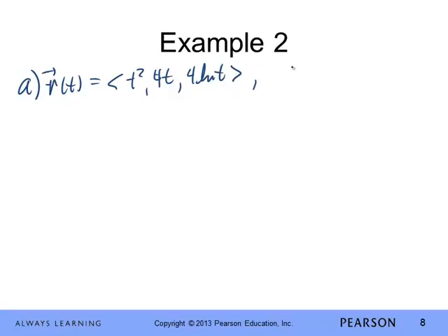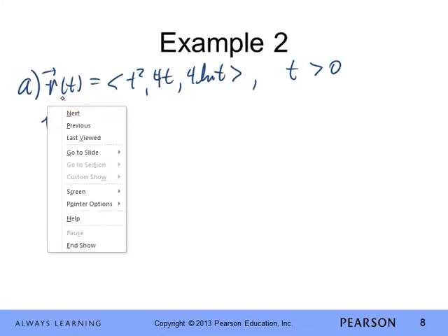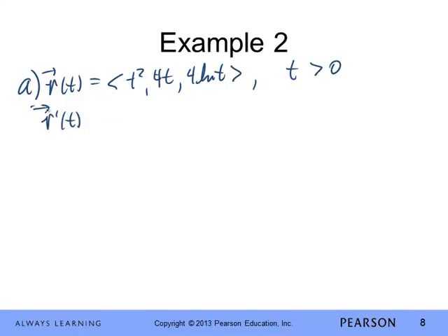And of course, the caveat being that t is positive, because can you actually take the logarithm of 0? No. So let's go ahead and calculate r prime of t. You can help me here. What's the derivative of t squared? Come on, guys. 2t. Thank you. Derivative of 4t? 4. Derivative of 4 natural log of t? 4 over t, okay.